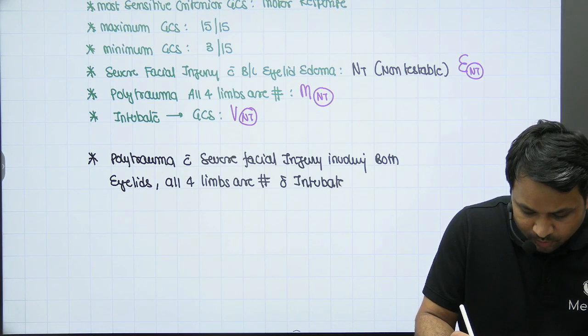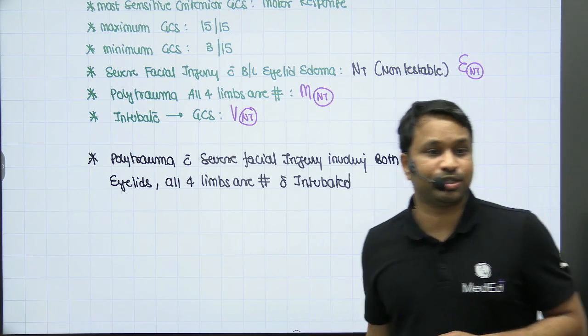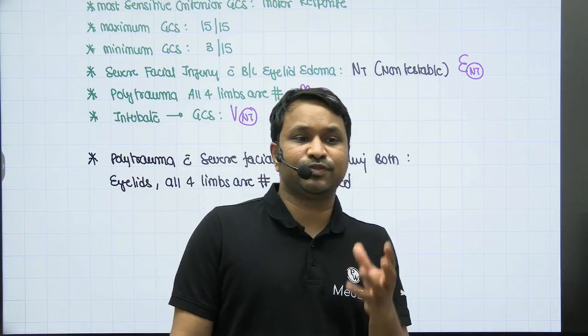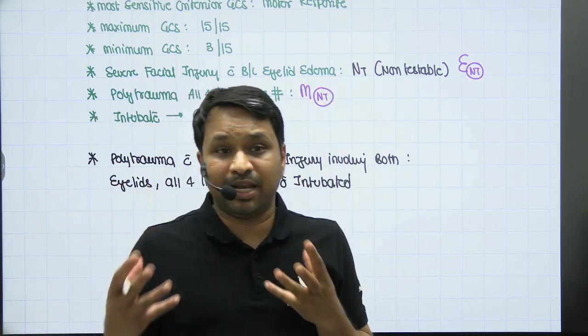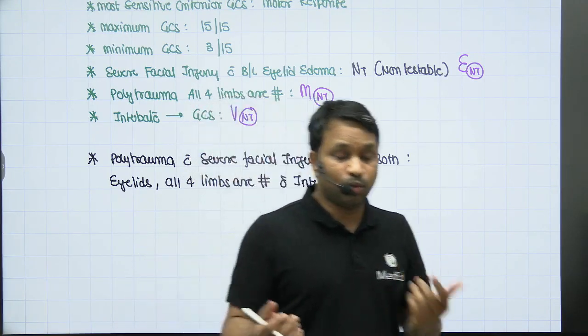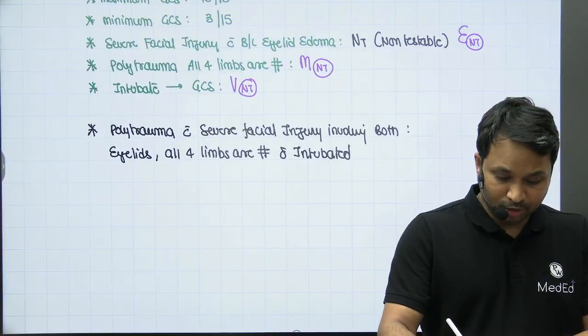Can you tell me what will be the GCS for this patient? A polytrauma patient with severe facial fractures, both the eyelids edematous, all four limbs fractured and the patient intubated. What do you think is going to be his GCS score?